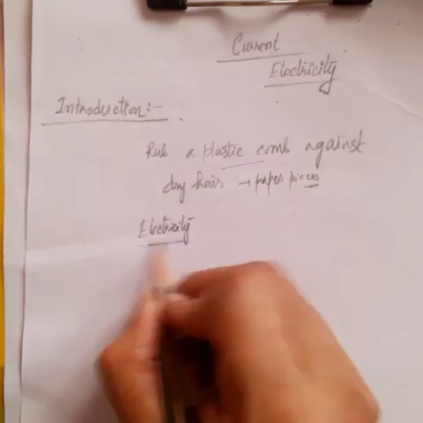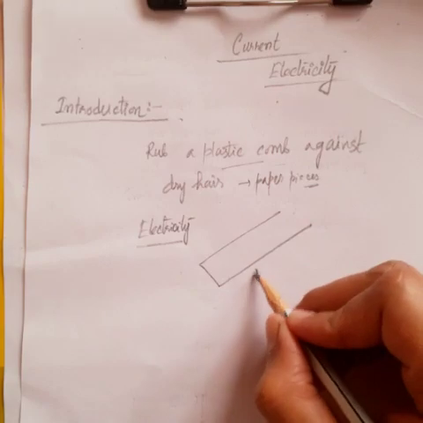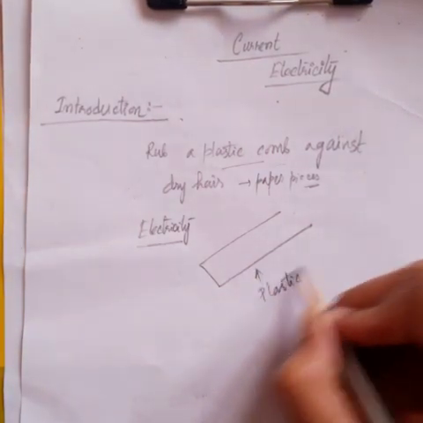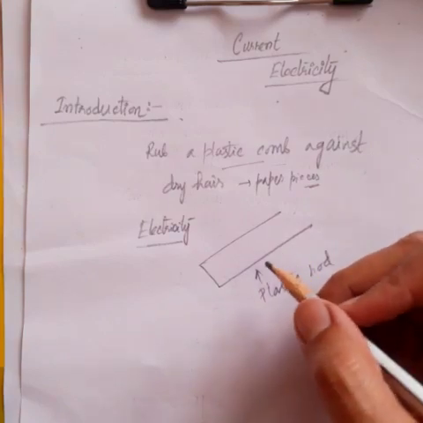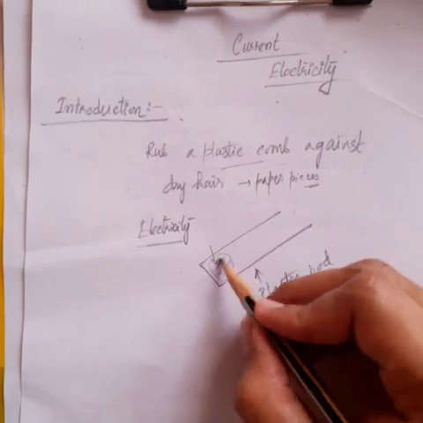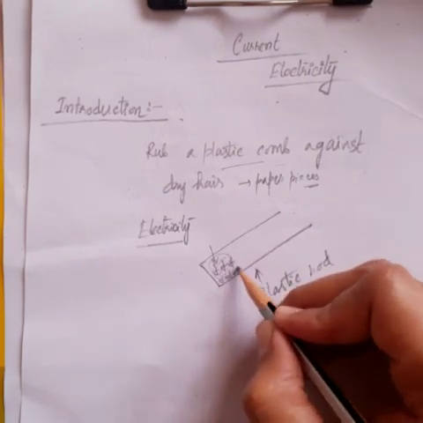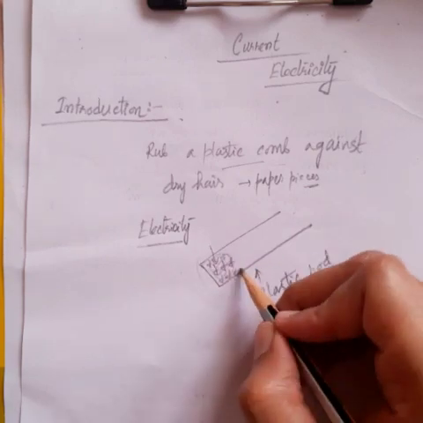Now, since this electricity cannot change its place, suppose this is a plastic rod. All of you are quite aware that a plastic rod cannot conduct electricity. So if you give some charge in this place, say plus charge, then the plus charges will remain there. They will be confined in this place forever.